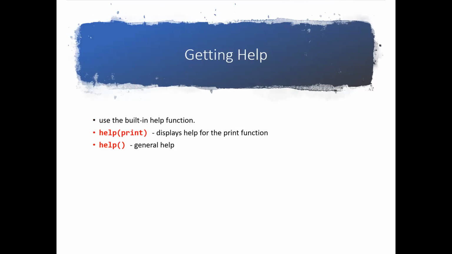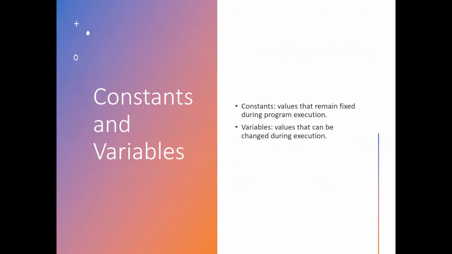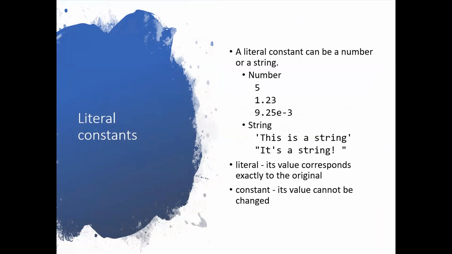After that, we also looked at the basic commands available. First we learned how to make use of help. With the help function in Python, whenever you want to know more details about a particular functionality, you can use help, and within the brackets you can name the function. If you just type help without anything, you get general help. The next thing we discussed is how variables as well as numbers are represented inside Python.